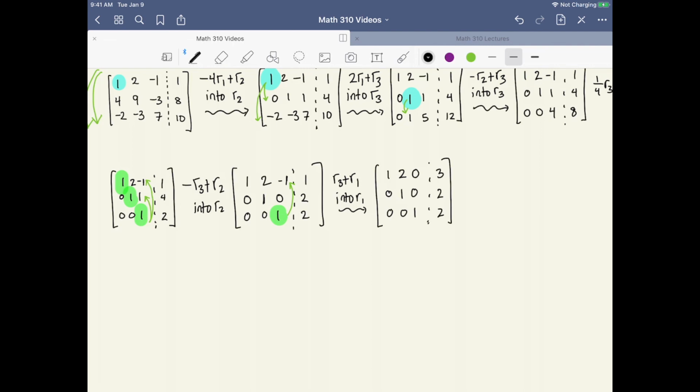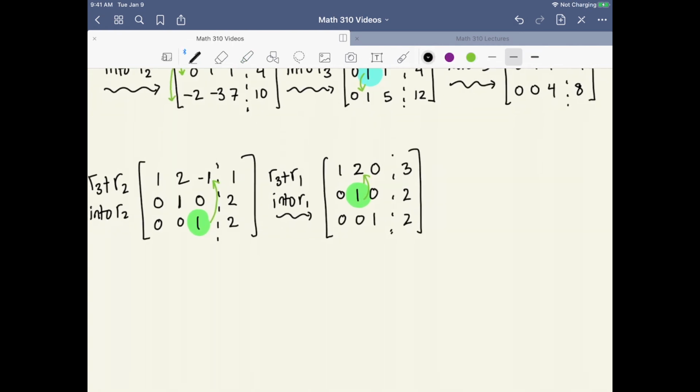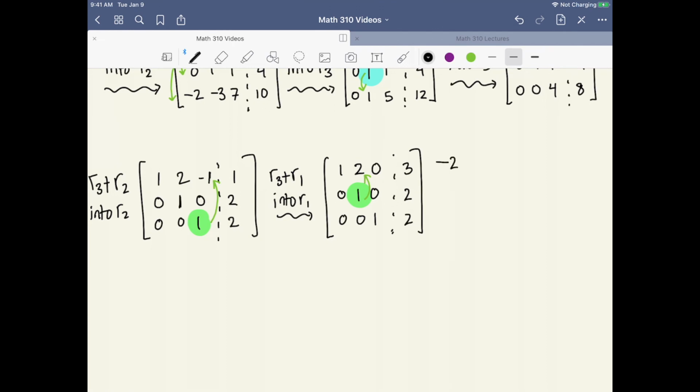There's one more thing that we need to do because we have this little 2 that needs to be taken care of. So now we'll be using this middle 1 as the pivot and eliminating the 2 with the following row operation. Minus 2 row 2 plus row 1 into row 1.